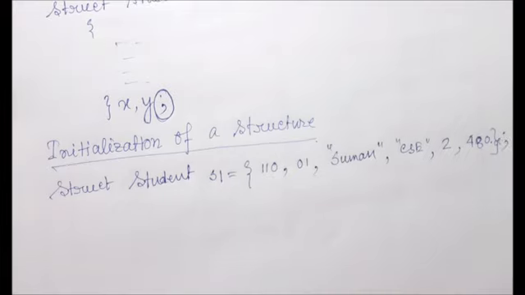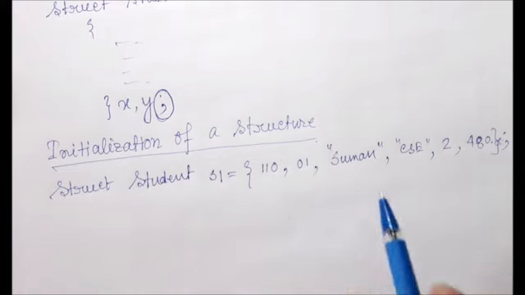So, what does initialization mean? Initialization will give the value of the variable, or we can say initialization means to initialize the value of each of the members of a structure. But when we initialize in this way, we have to maintain the order of declaration.